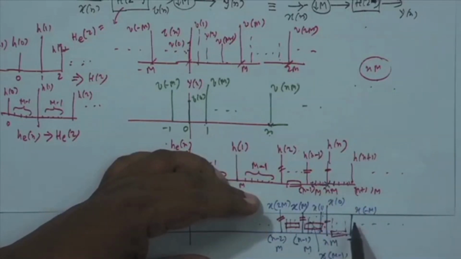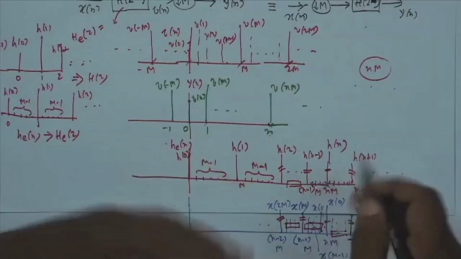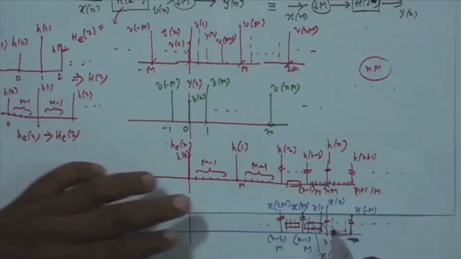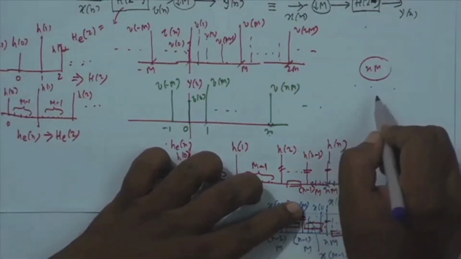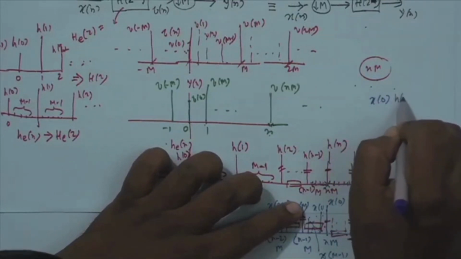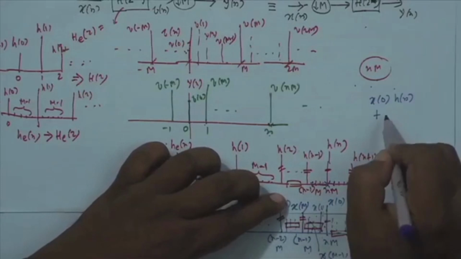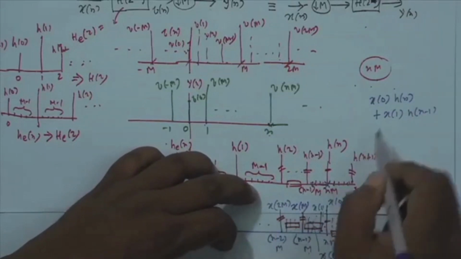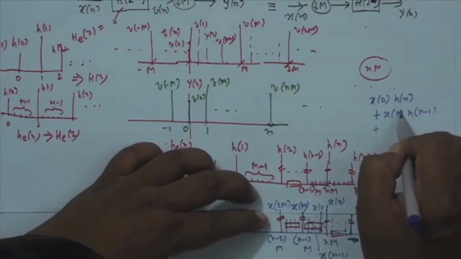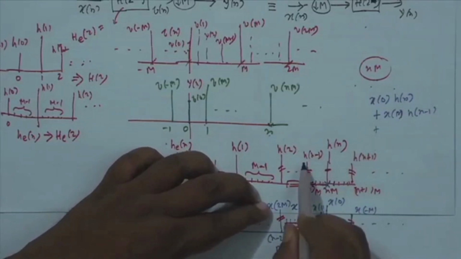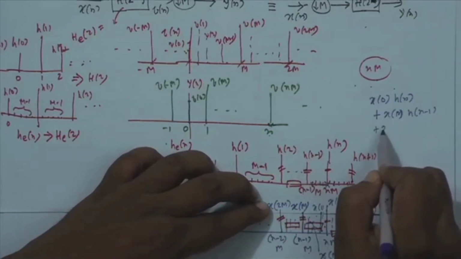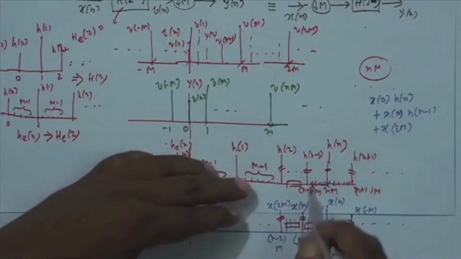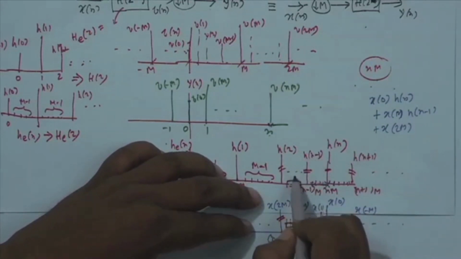So, they do not contribute anything, forget them. Then this with this, and these fellows get added, and if you add, what you get is the following: x0 h n, then x1 h n minus 1, this with this, x m, this is x m, not x 1, I am very sorry, x0 x m h n minus 1, x 2m, next will be h n minus 2.